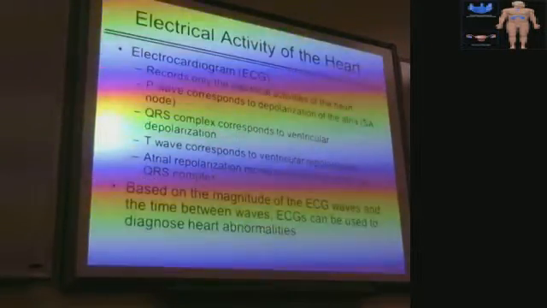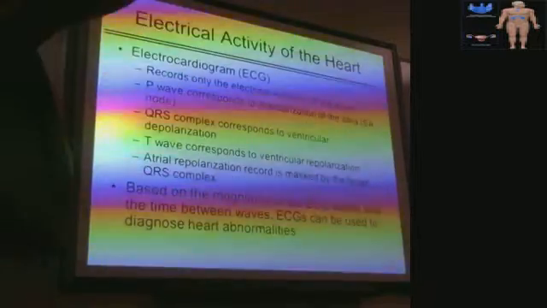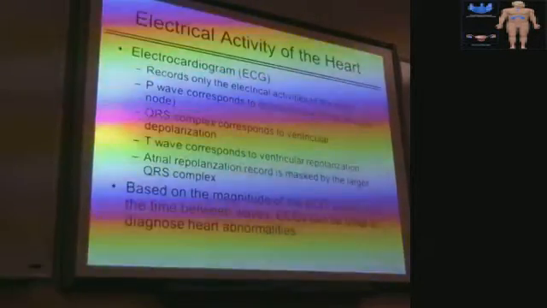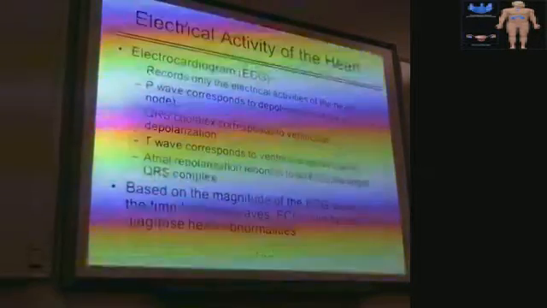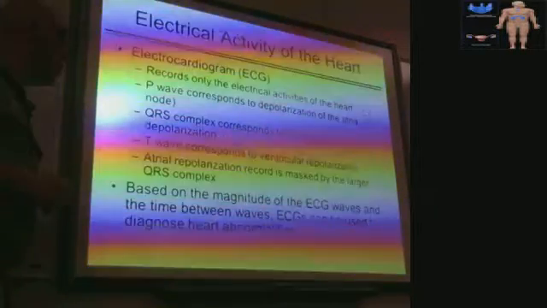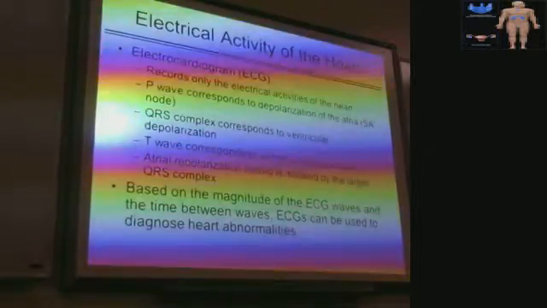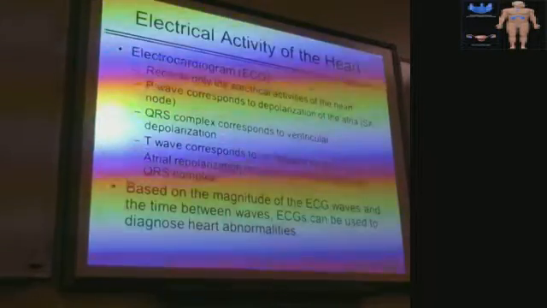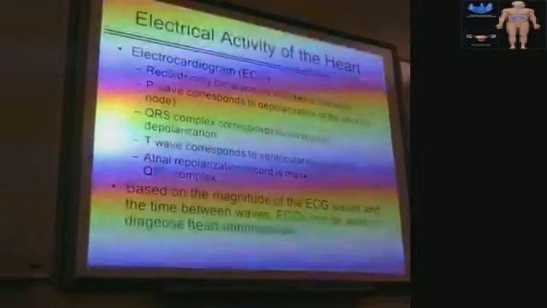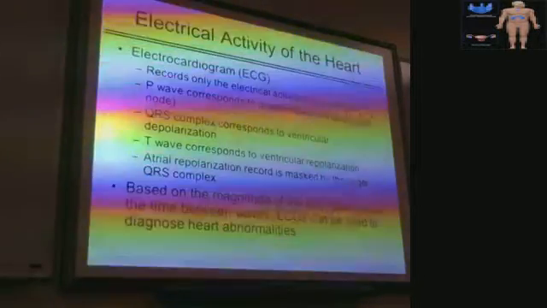Remember, the QRS complex is going to correspond to the way that the ventricle starts contracting at the top before it contracts at the bottom. The T wave corresponds to ventricular repolarization, and atrial repolarization is masked by the larger QRS complex. Based on the magnitude of the ECG waves and the time between waves, ECGs can be used to diagnose different heart abnormalities.